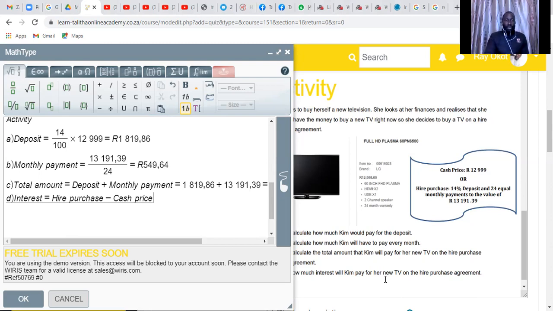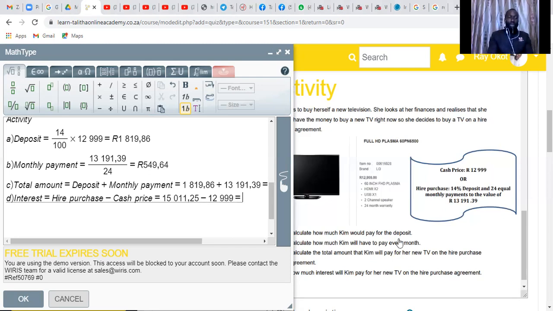Yes, we will be having 15,011.25. Cash price, and how much is cash price? Cash price is 12,999.